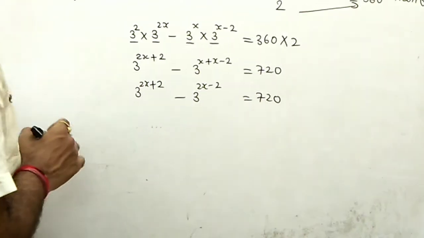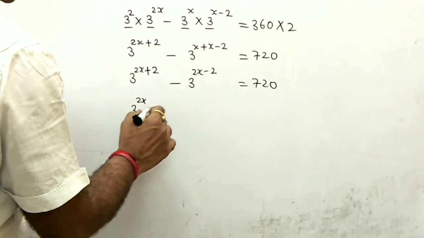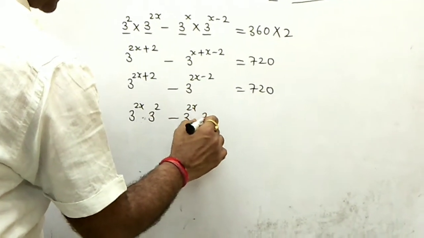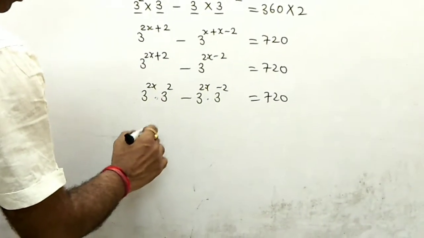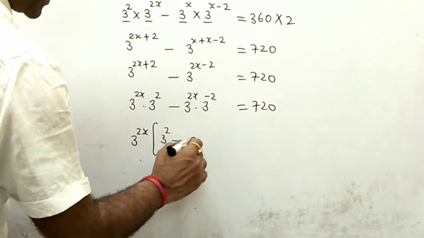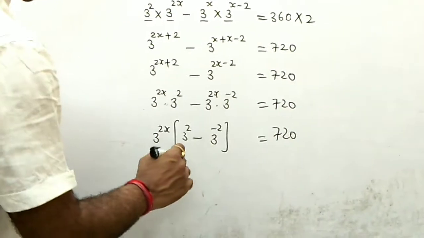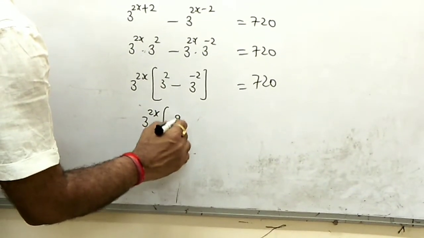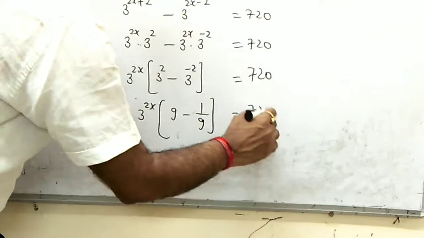But 3 to the power 2x is common, so first you separate: 3 to the power 2x into 3 to the power 2, and minus 3 to the power 2x into 3 to the power minus 2, equal to 720. Taking 3 to the power 2x common, the remaining is 3 square minus 3 to the power minus 2. 3 square means 9, and 3 to the power minus 2 is 1 by 9, because its power is negative.